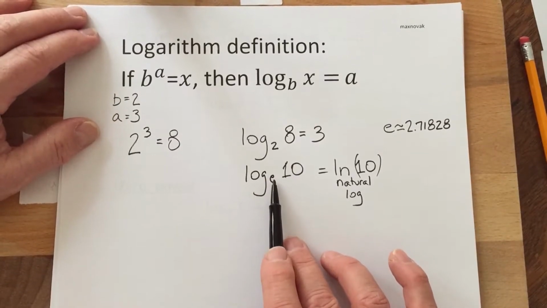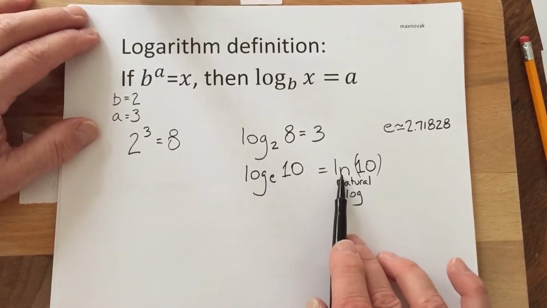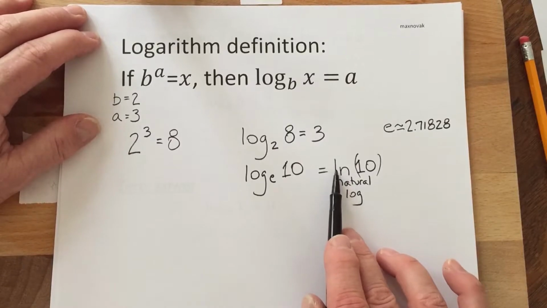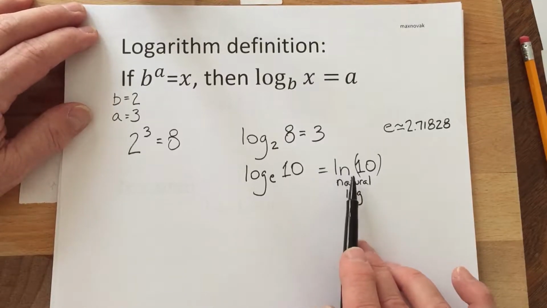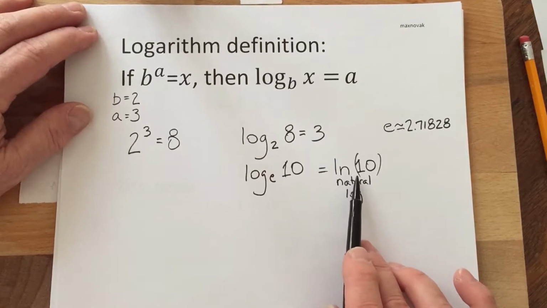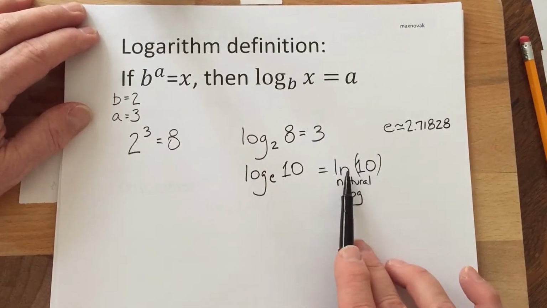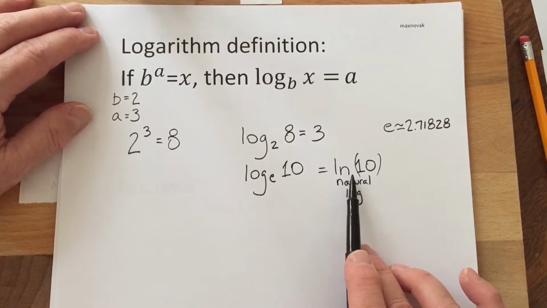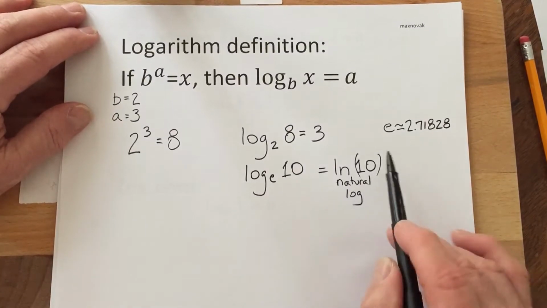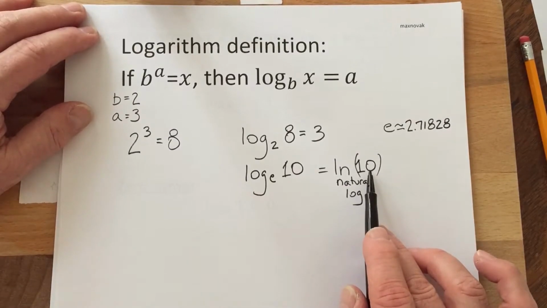So we don't bother writing a base e. But if you see ln for a natural log, understand that there is an implicit e here. That is, the natural log of 10 is the number to which you need to raise e to get to 10.